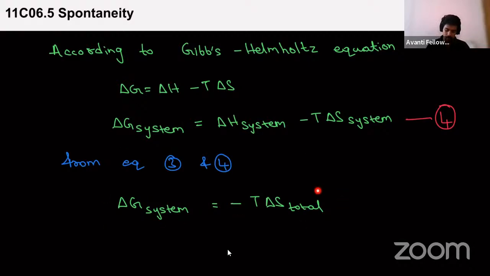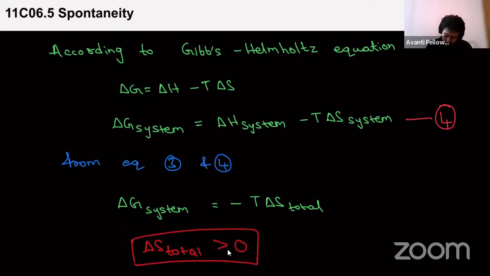Delta G system is equal to minus T delta S total, right? I'm directly substituting delta H system minus T delta S system as minus T delta S total by using our third equation. And you know that delta S total, that is delta S of the universe, is always greater than zero, right?